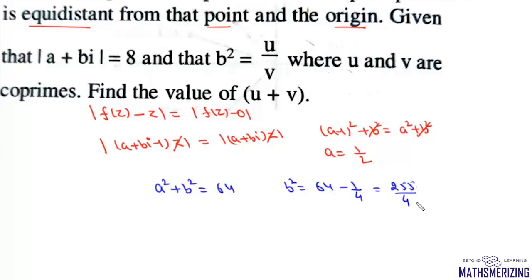Now, 255 and 4 are co-prime. That means the value of u is 255 and the value of v is 4. Now, we need to find the value of u + v. The value of u + v will be 259. So, the answer to this question is 259.